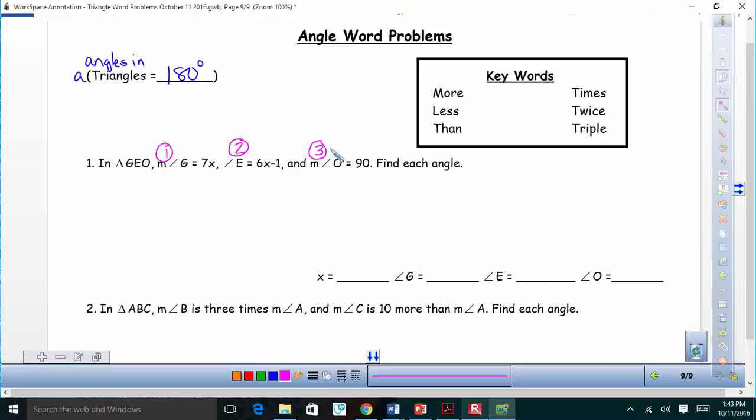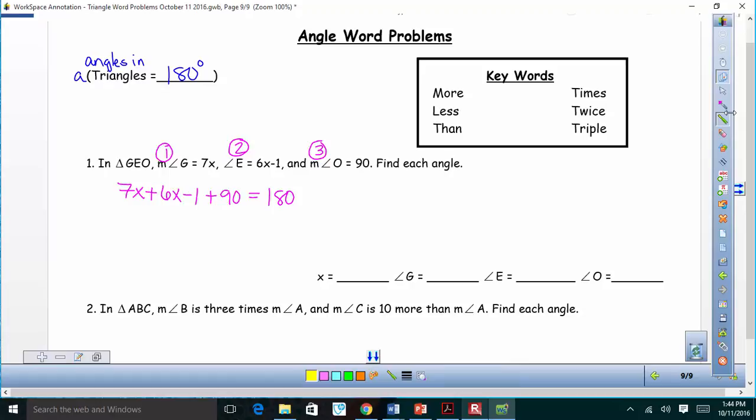So we can draw our triangle to keep this organized, right? But I do know that all three angles added together should equal 180, so I do not necessarily have to do that.